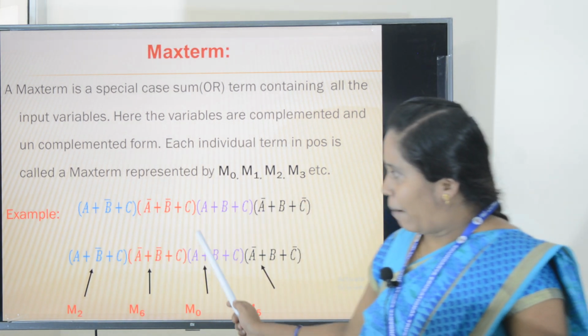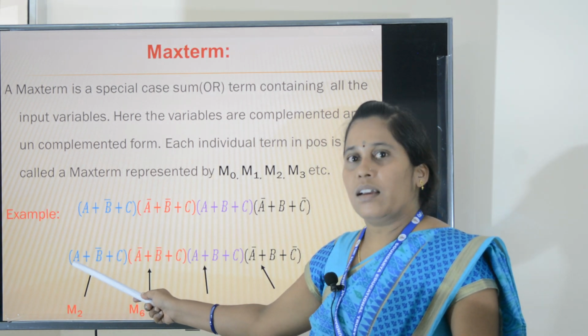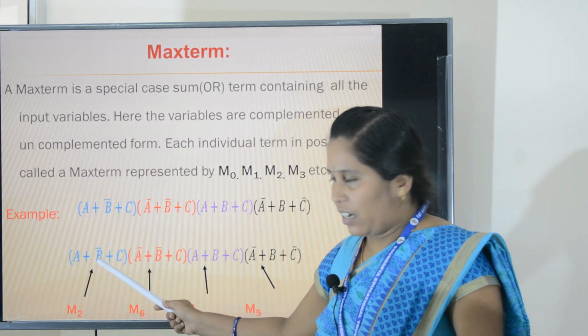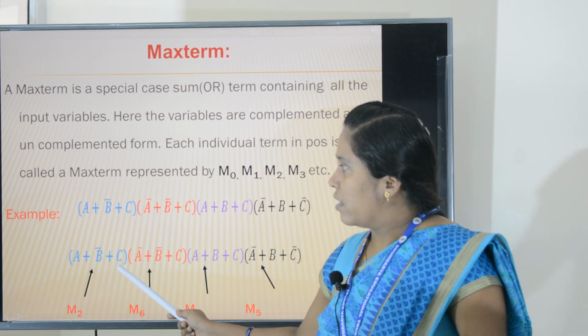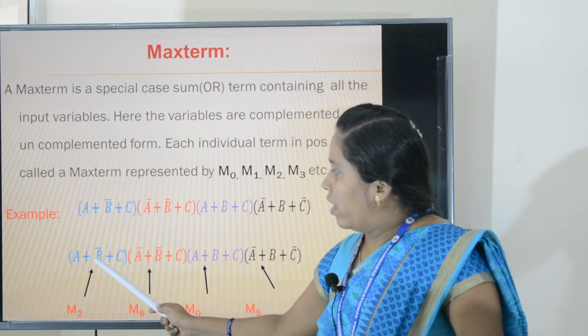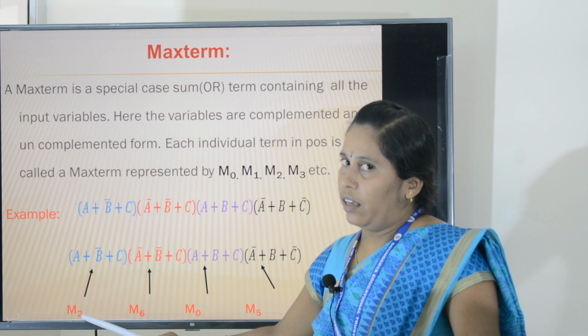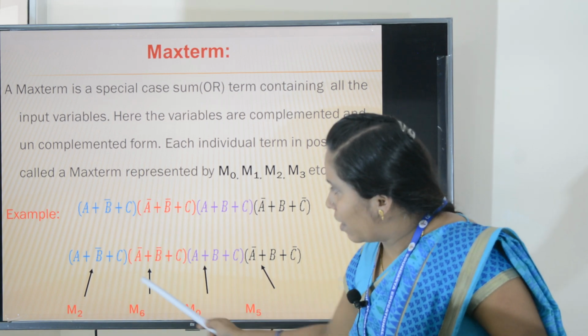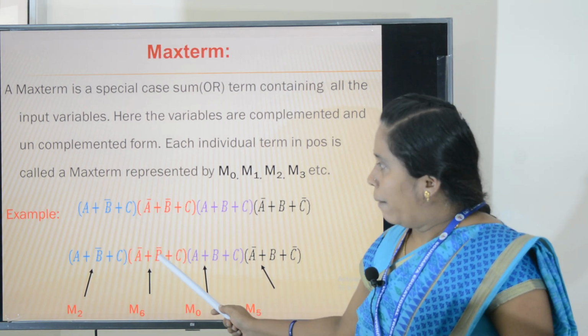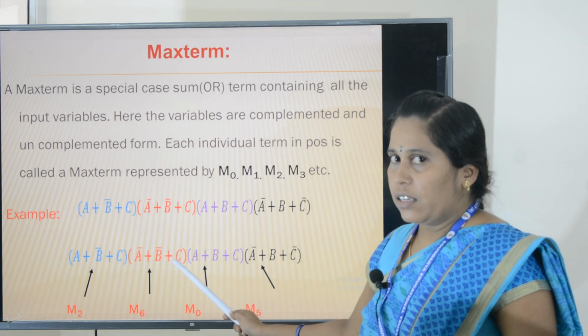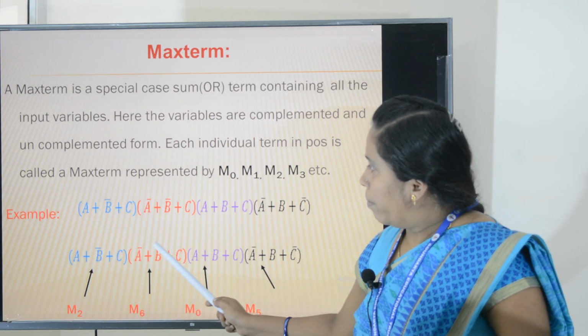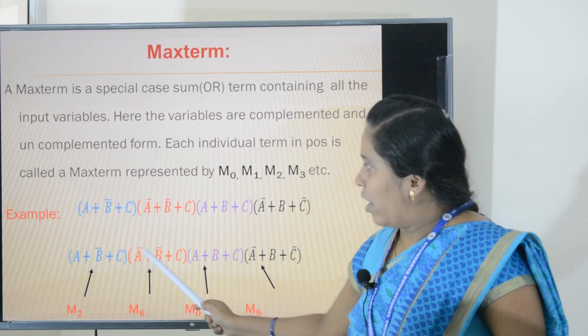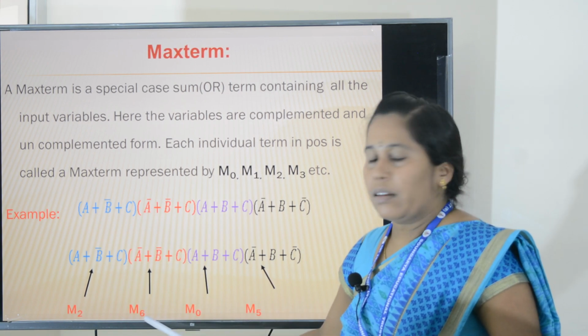In this example, a is 0, b bar is 1 and c is 0. 0, 1, 0 is nothing but M2. The second sum term: a bar is 1, b bar is 1, c is 0. So 1 plus 1 plus 0, 1, 1, 0 is M6.